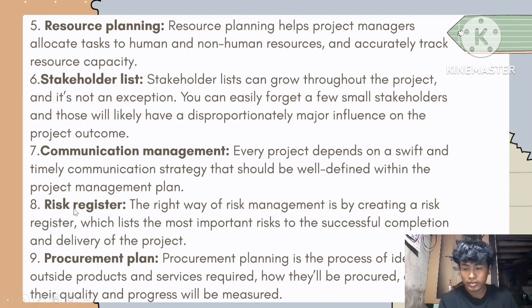Number 8, risk register. The right way of risk management is by creating a risk register, which lists the most important risks to the successful completion and delivery of the project.